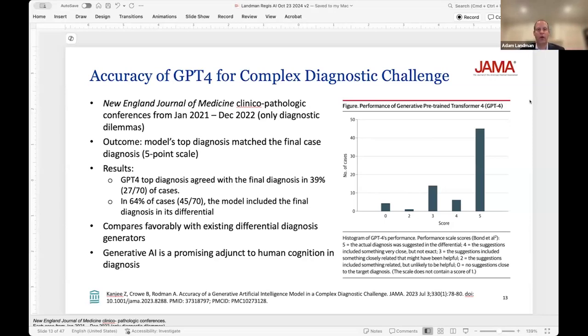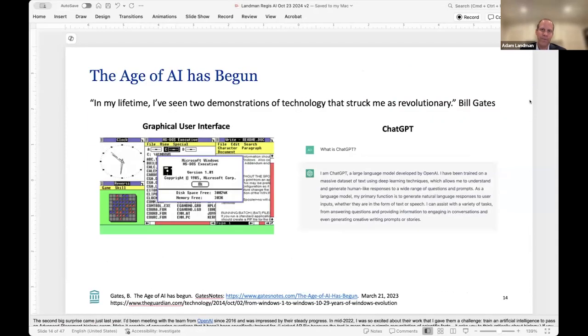GPT-4 actually agreed with the final diagnosis in 39% of cases, and in 64% of the cases, the model had the final diagnosis in its differential. This is very impressive, certainly better than me, and really compares to other differential diagnosis tools in the marketplace, and really shows the promise of GPT-4 for healthcare.